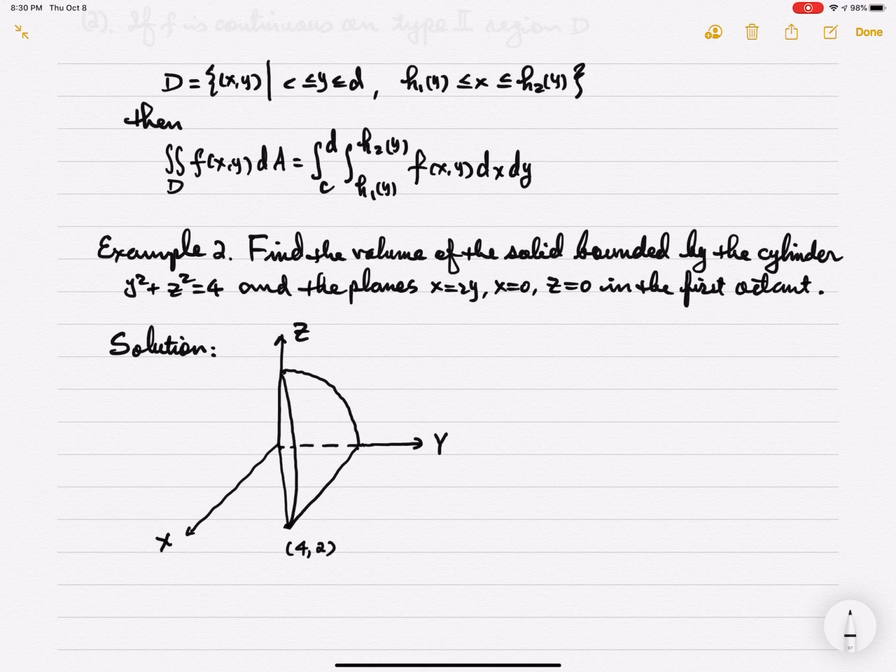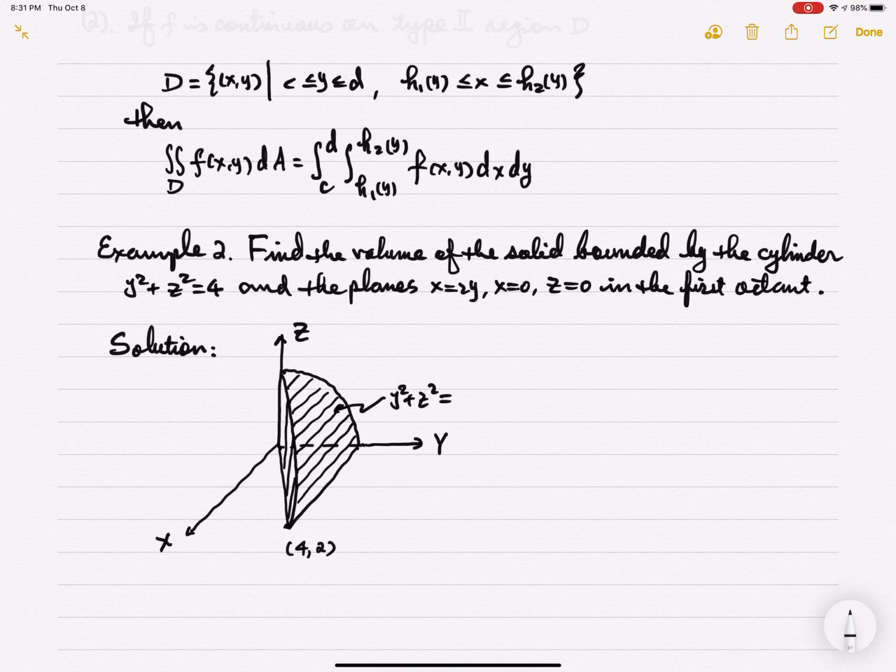If I shade some surface like this, this is part of the cylinder, and this is a vertical plane, so if I want to shade this one, I use vertical lines. Something like that.